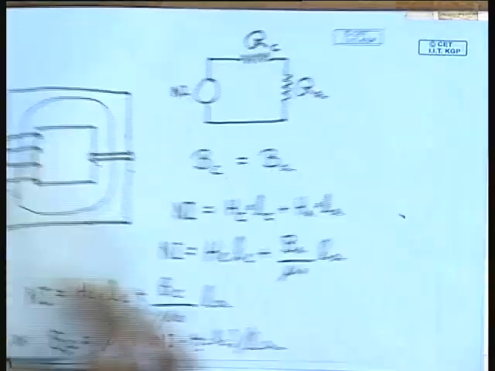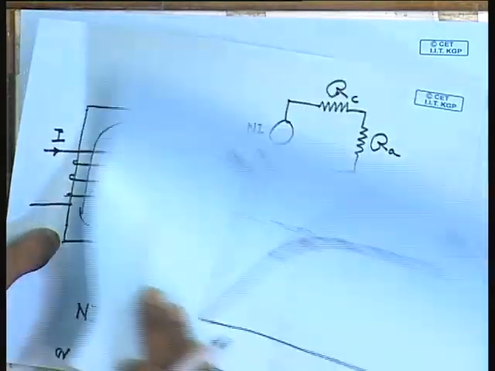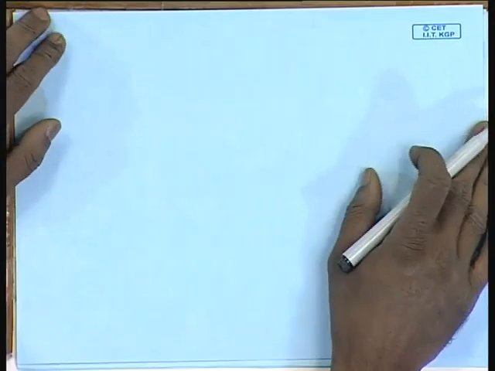At this point, we think that we have discussed sufficiently about magnetic circuits. So, we will move to a different topic, which is the induced voltage in a coil.